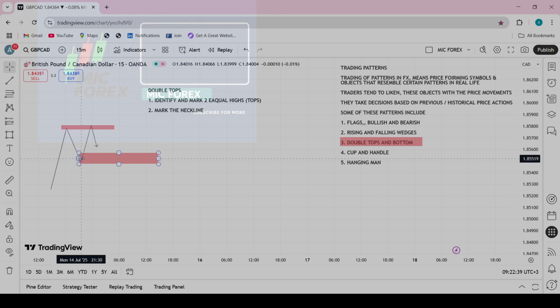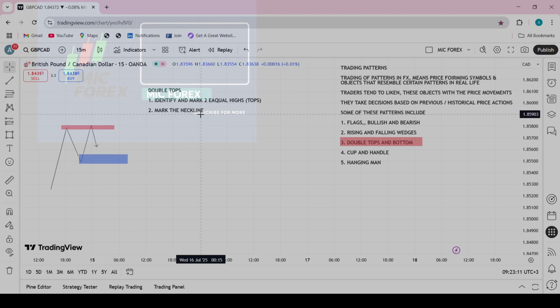You mark it the way you mark your order blocks, but you mark it with the candle of the different color that is dropping before this impulse movement. The candle that starts pumping up here, you mark the previous candle, the candle of the different color. That is now your neckline. At this point, let me use a different color for the neckline.